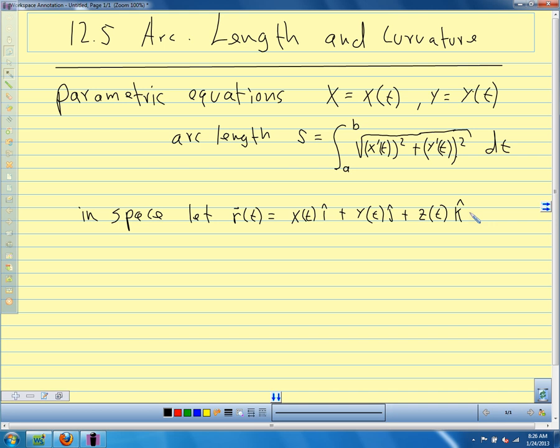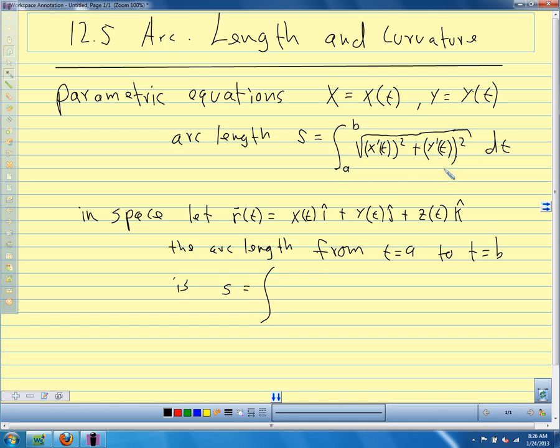Then we can say that the arc length on our interval, using the same idea, from t equals a to t equals b, is, and we have the same expression.